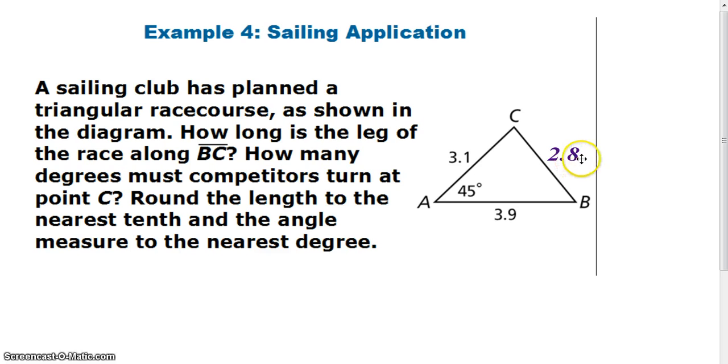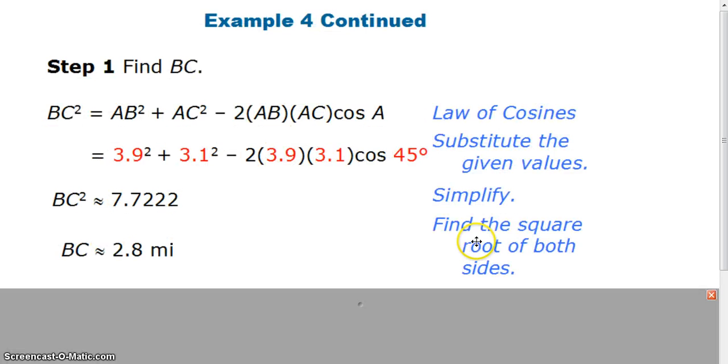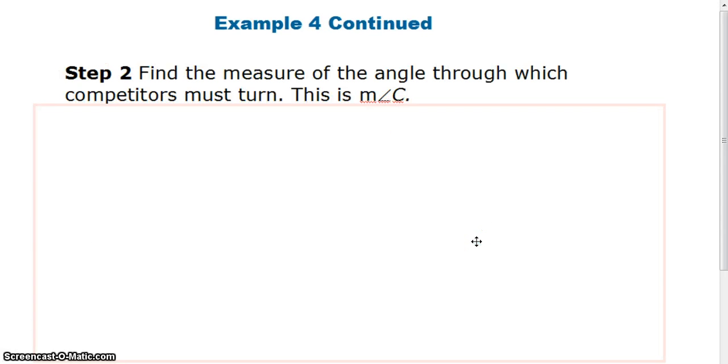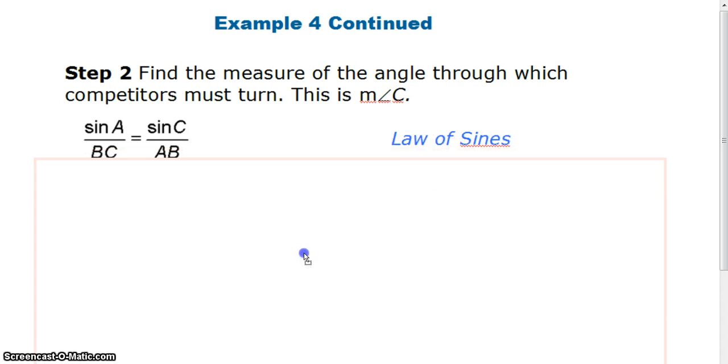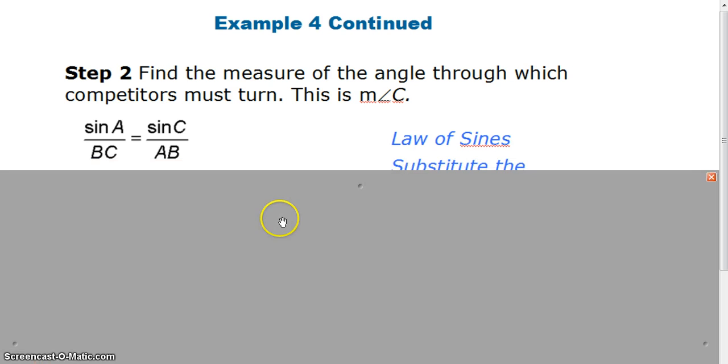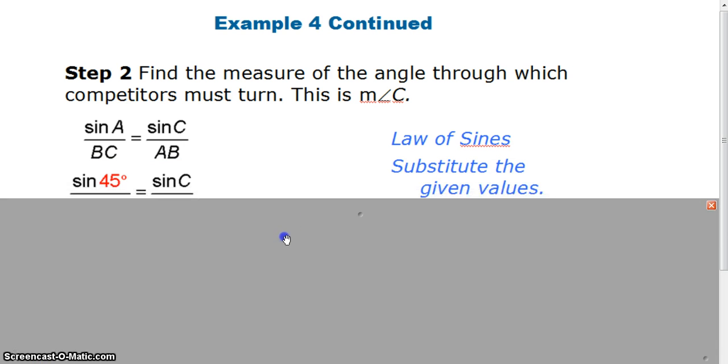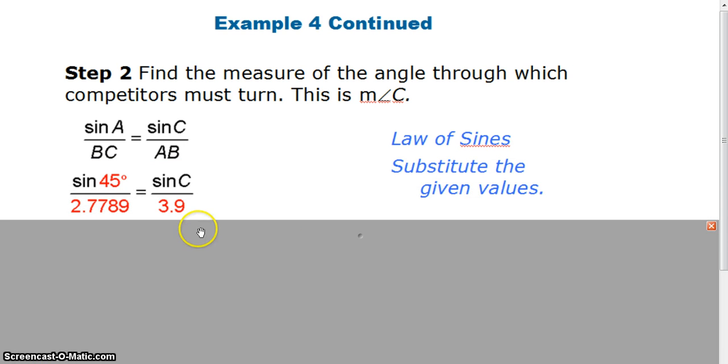Because we have 45 and its opposite side, 2.8. So go ahead and try that, come back and check. So what would we do? Sine of A over BC equals sine of C over AB. So we substitute the known values, and we will bring the 3.9 up, right?